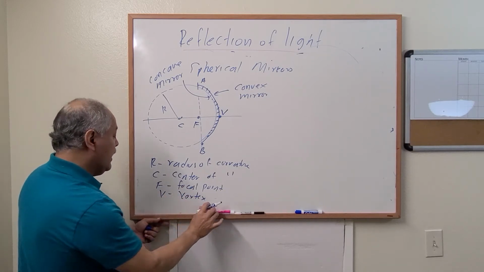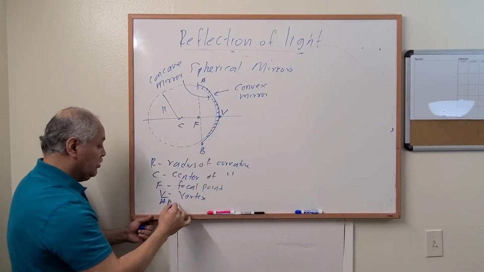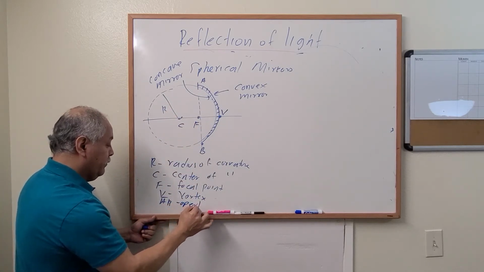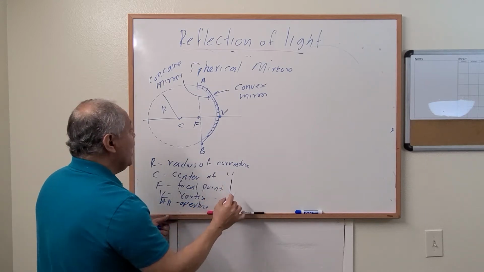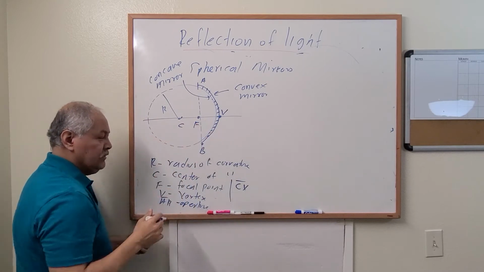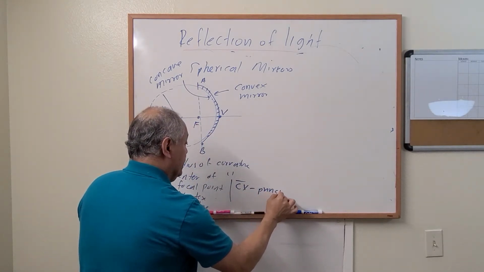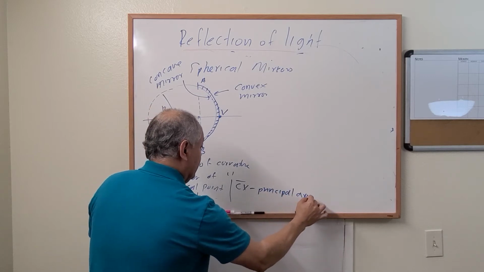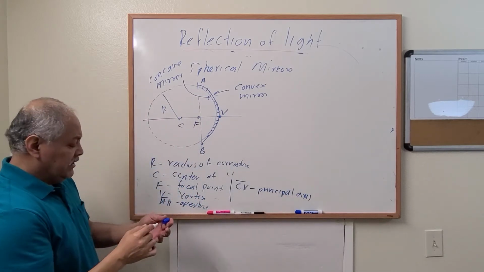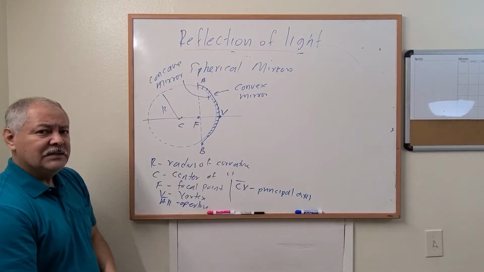The AB section is called the aperture, and the CB section is the principal axis. So these are the main points when describing a spherical mirror.